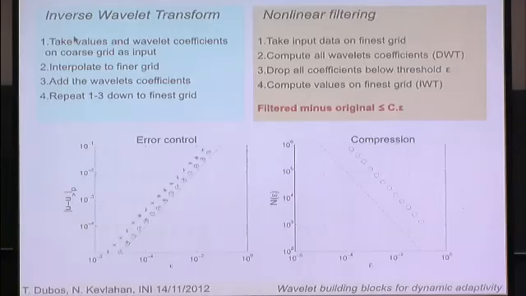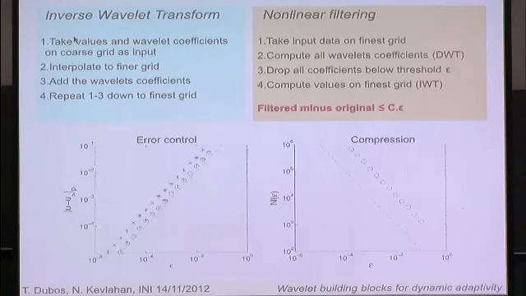So now if I take some analytic test field, I compute it on the finest grid, I compute all my wavelet coefficients, and I remove everything which is below a certain threshold, and do my inverse transform back onto the finest grid.